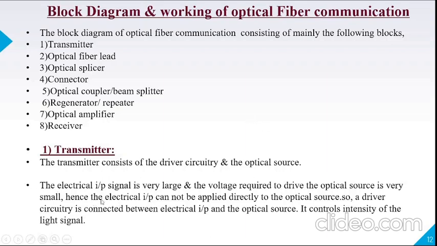The electrical input signal is very large and the voltage required to drive the optical source is very small. As we know that electrical signal is having the high capacity, and the voltage requirement for the optical source is very less.